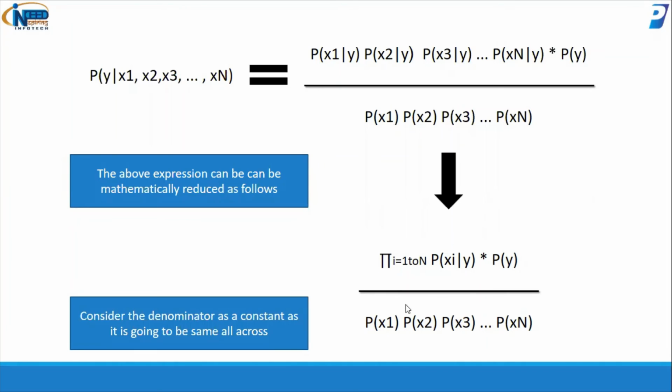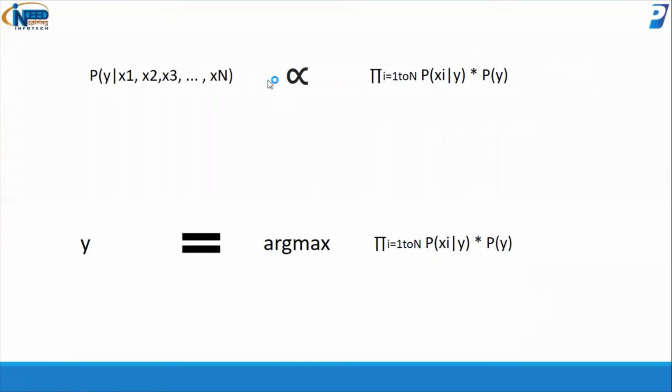Now for the denominator, for all x1, x2, x3, this is going to remain constant, so we can treat the denominator as constant. As soon as you do, the probability of y given x1, x2 till xn is directly proportional to the numerator, because the denominator is a constant.